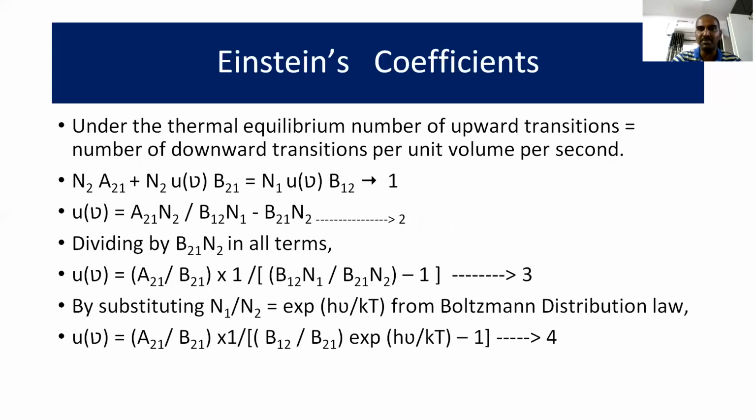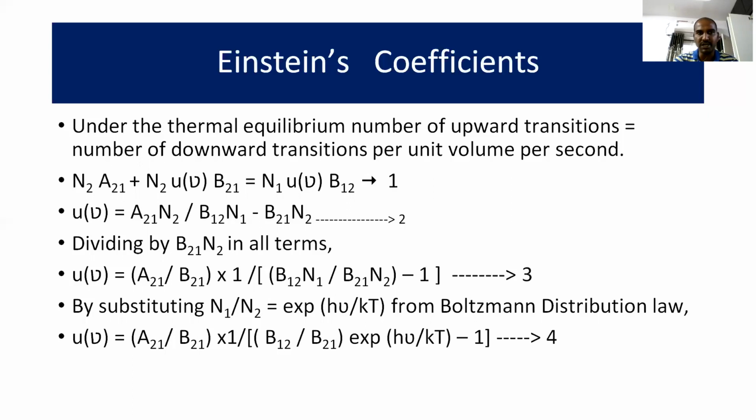Under thermal equilibrium, the number of transitions must be the same. That means the number of upward transitions must equal the number of downward transitions. How many electrons are excited during the upward transition, that is absorption, must equal how many electrons return during the process of emission, that is the downward transition. Then you have to equate the two equations.